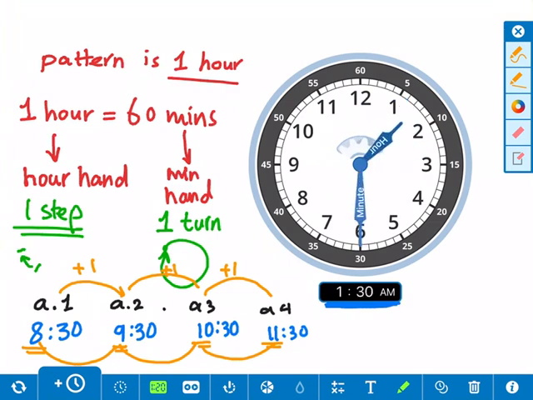Look again, 30. So 30 will be 30. But what is changing? It's the hour hand. Look, every 1 hour, the hour hand changes one step. Look, 4.5, 5.5, 6.5. So now we have our own answers.